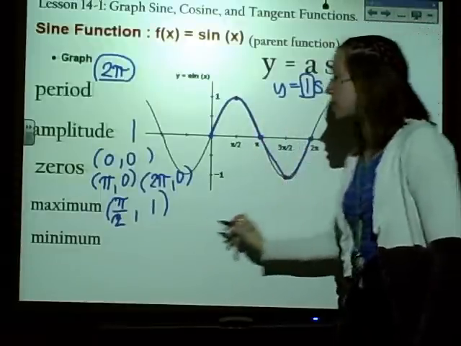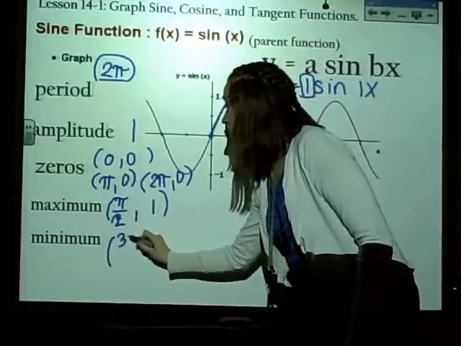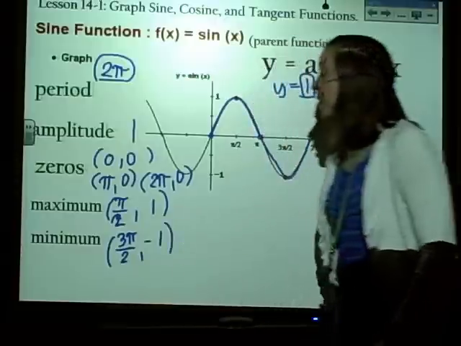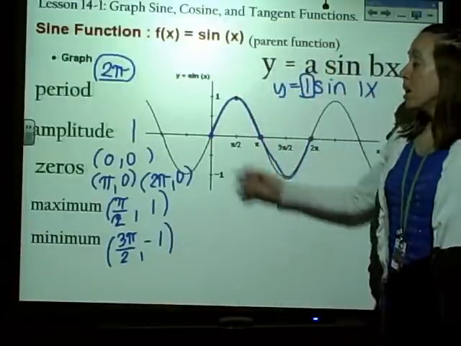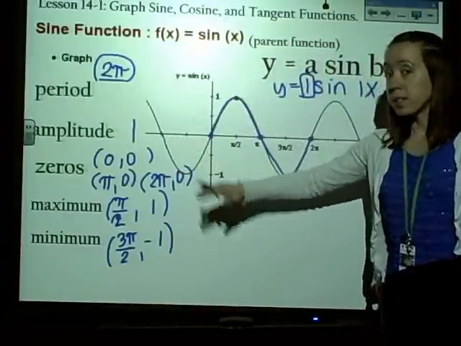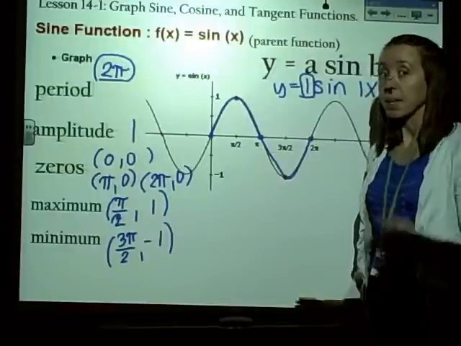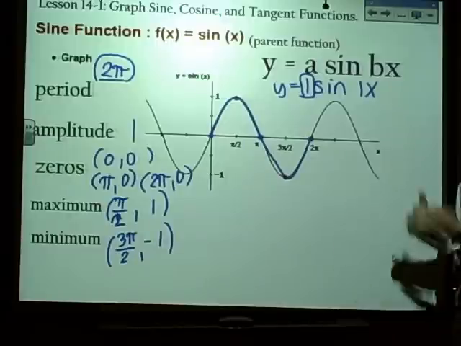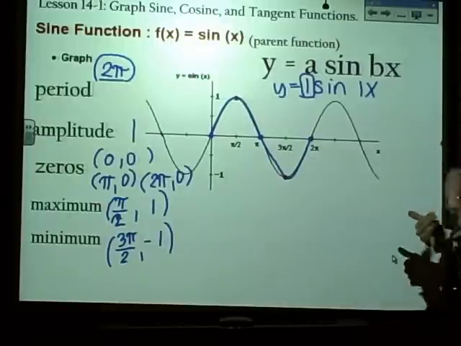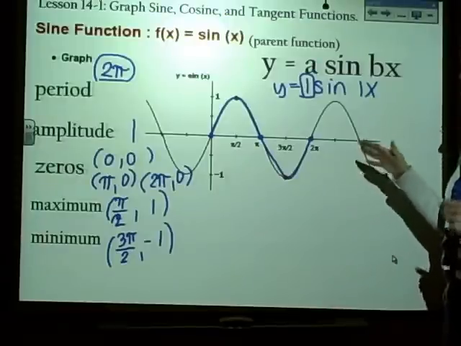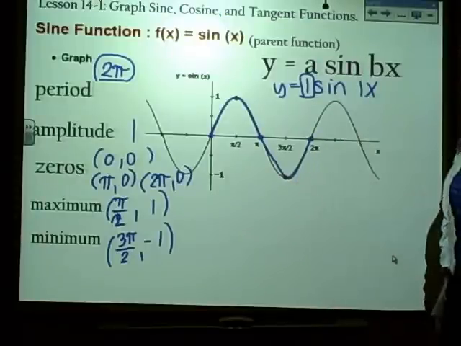Okay, so we can see that's 3 pi over 2. And then the negative amplitude value of -1. These values are standard for a parent function. So these will stay the same. Now we're going to do an example where we actually go through and calculate the different values so you guys can see it. Make sure you get this in your notes because this is a very good starting point for any graph.